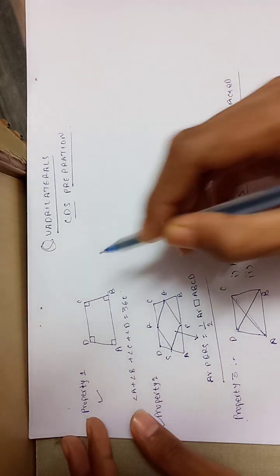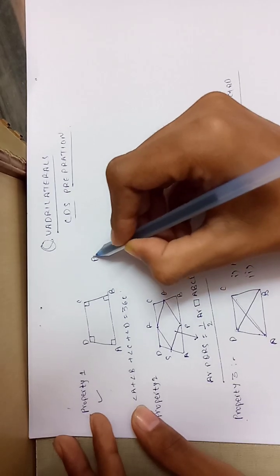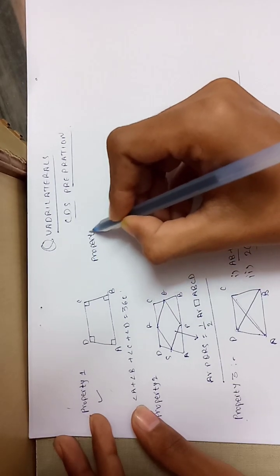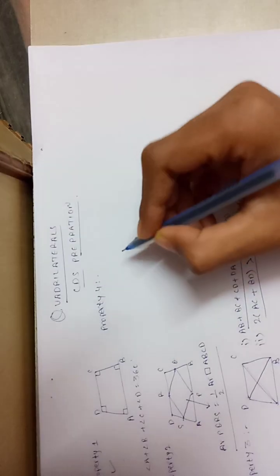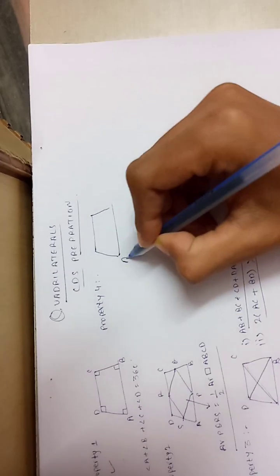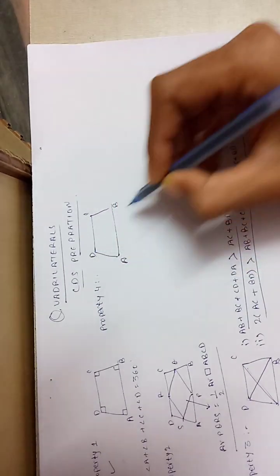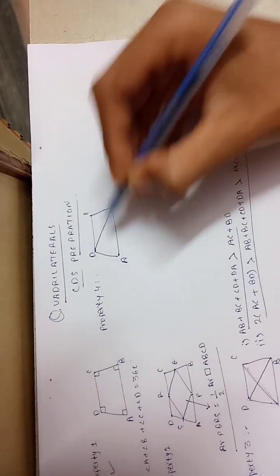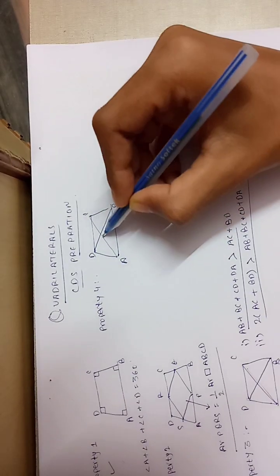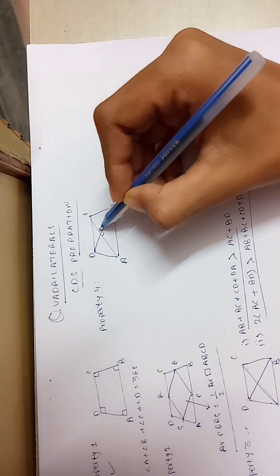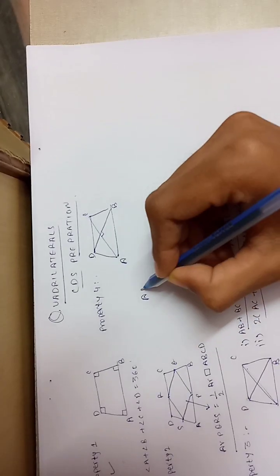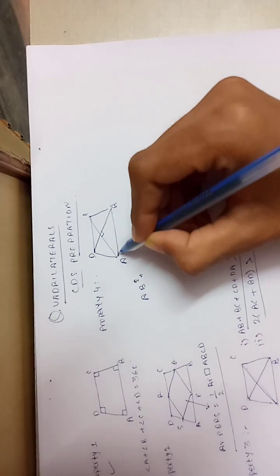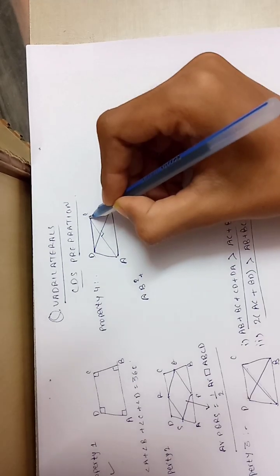Now we will move on to property number 4. What is property number 4? If we draw this quadrilateral and name it ABCD, and while joining the diagonals we get 90 degrees at the intersection, then the sum of squares of opposite sides will be equal.